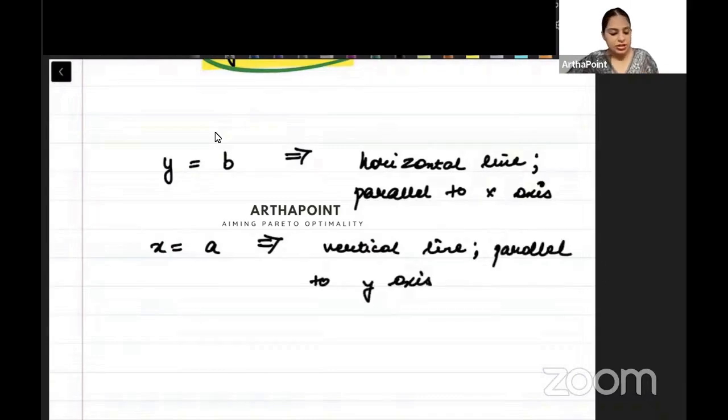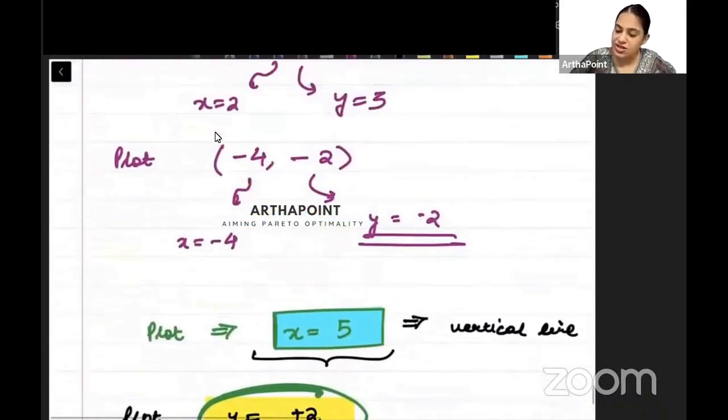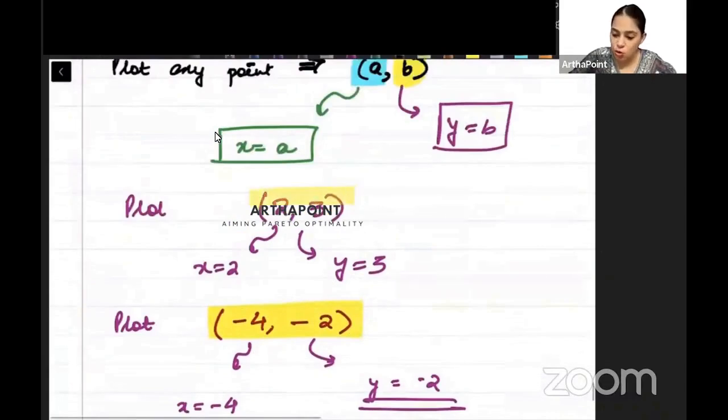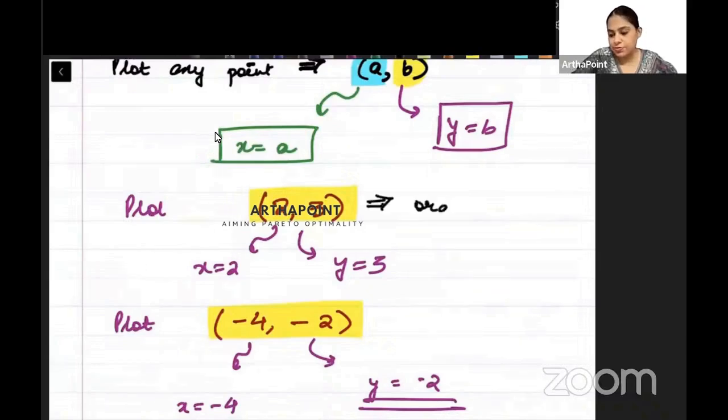Right? Okay. Now, beta, let us try to understand what these points are called. The points we have plotted, -4, -2, or 2, 3, all these points are basically called ordered pairs or coordinates. You can call them either ordered pair or coordinates.